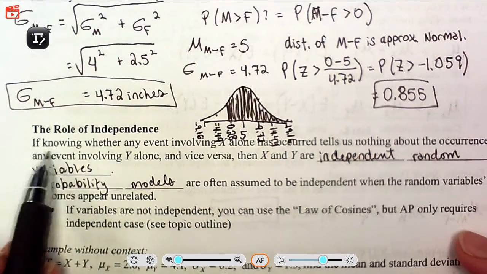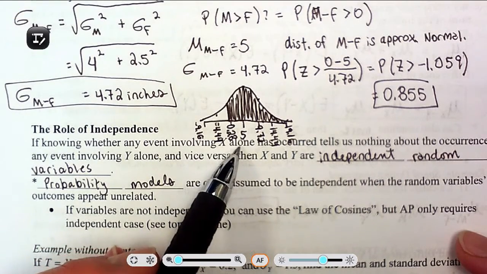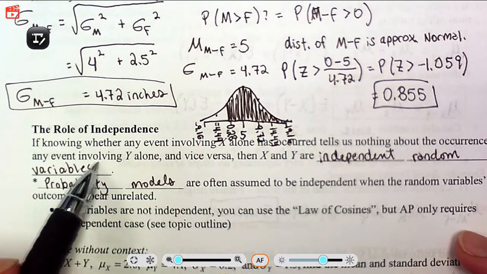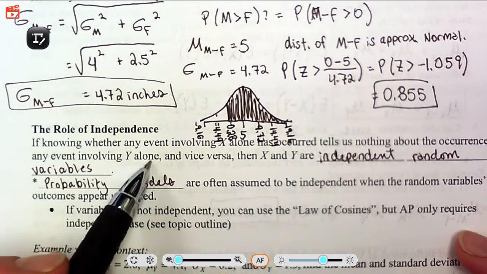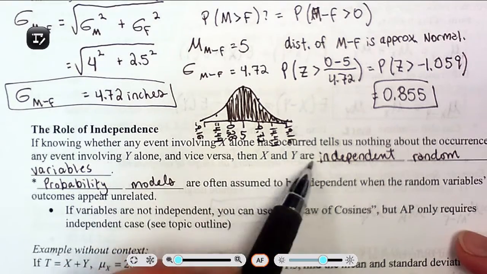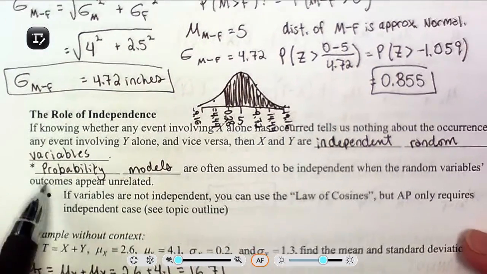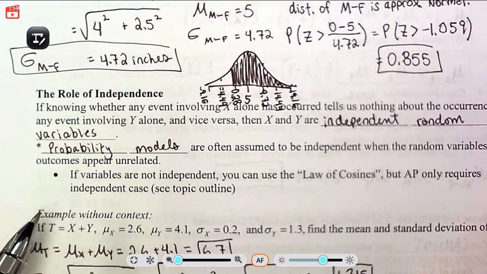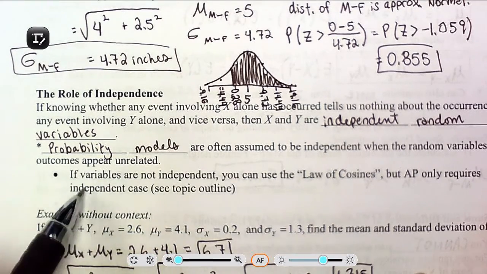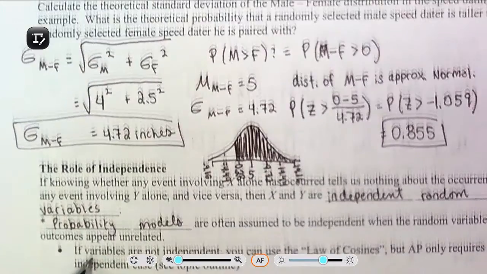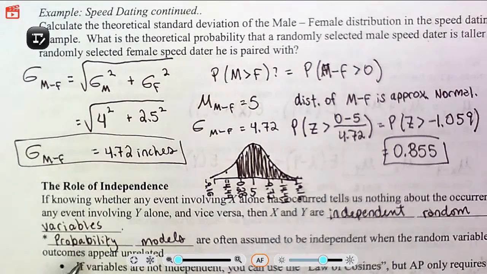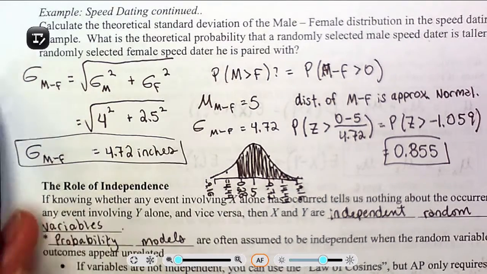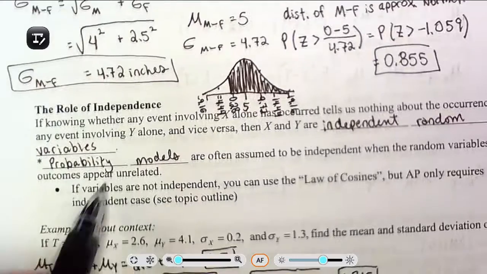The rule of independence: if knowing whether any event involving X alone has occurred tells us nothing about the occurrence of any event involving Y alone, and vice versa, then X and Y are independent random variables. Probability models are often assumed to be independent when the random variables' outcomes appear unrelated. So the two events, male's height and female's height, seem unrelated and independent, and that's important in order to calculate the standard deviation.